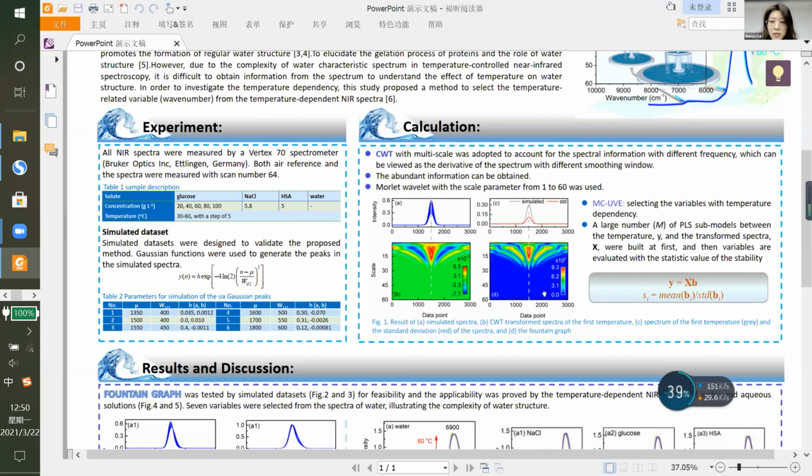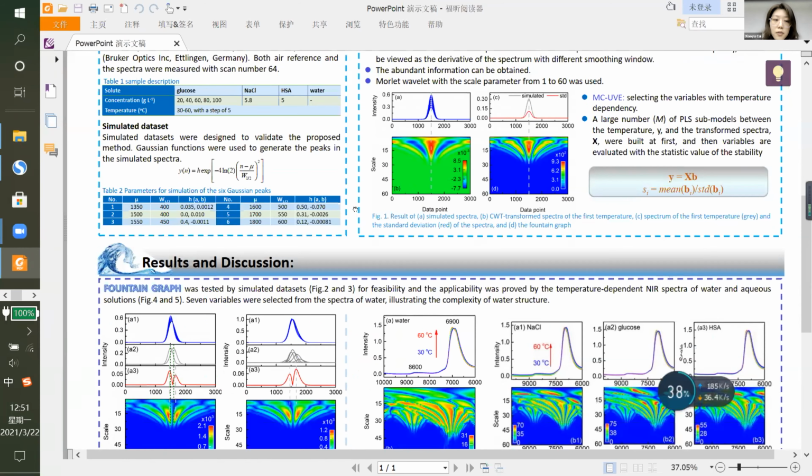This is the result for the MCUVE, and we can see the main peak is consistent with the standard deviation of the spectra. We can continue with this method to show the application with real spectra.